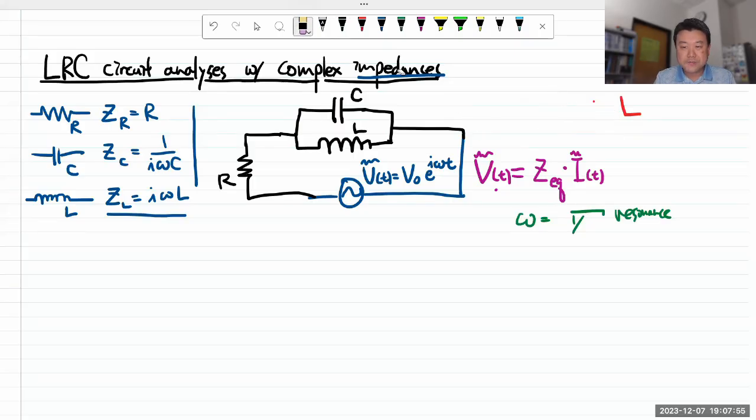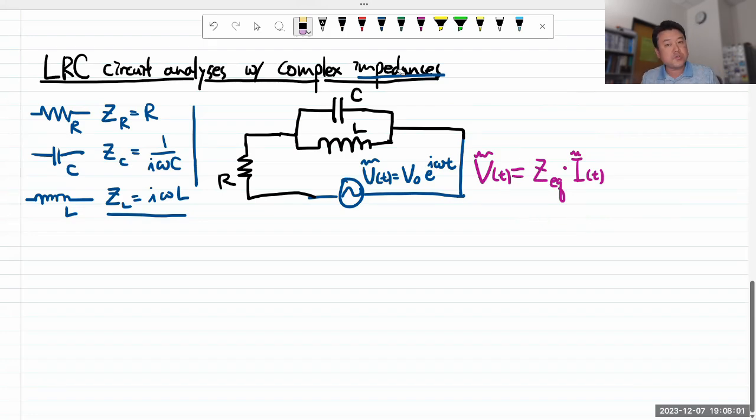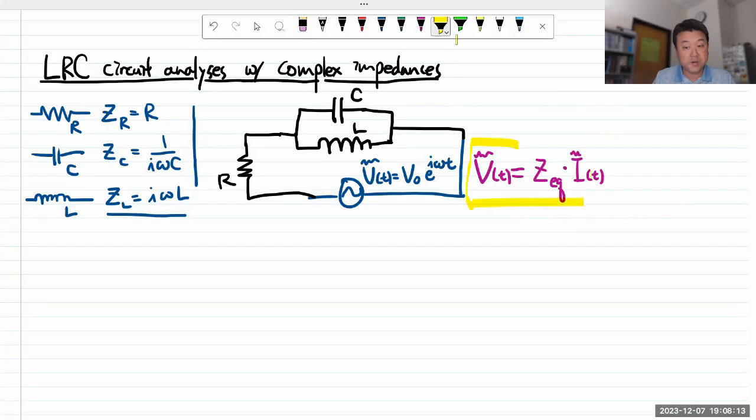But our setup still remains similar, in the sense that with the use of complex impedances, a generalized version of resistance, you can still have a form of Ohm's law that relates the voltage and the current linearly through the impedance, the generalized resistance.